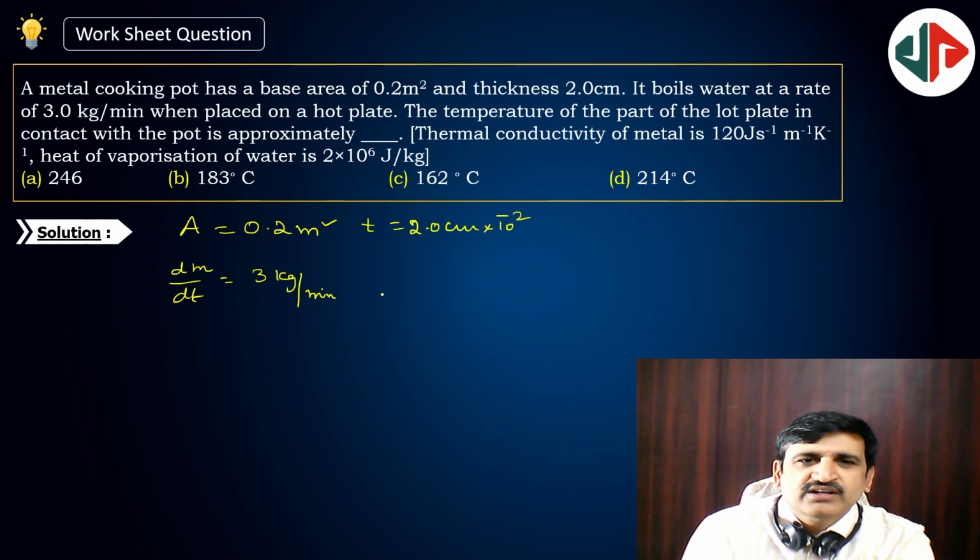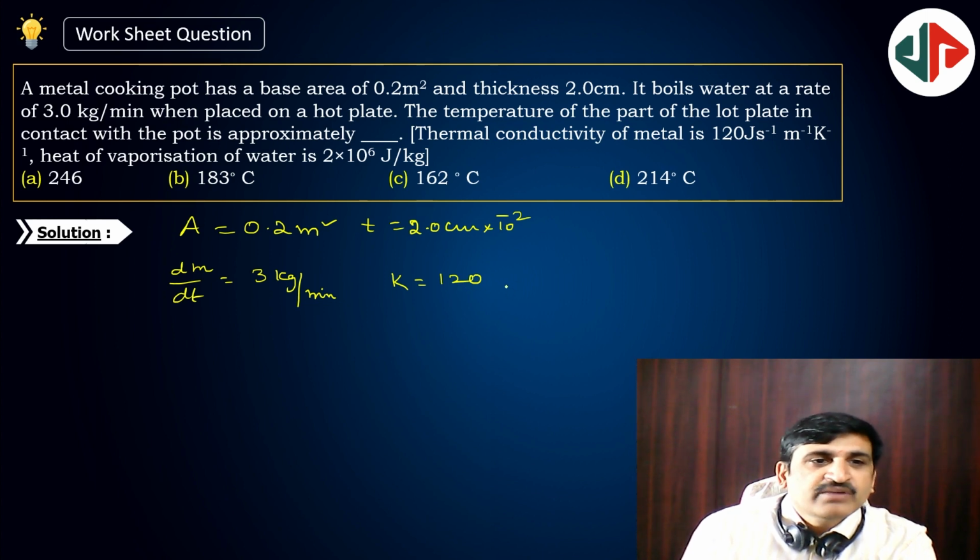Placed on the hot plate. The temperature of the part of the pot plate in contact with the hot plate is approximately? Then the thermal conductivity of the metal is 120 joule per second meter per Kelvin.